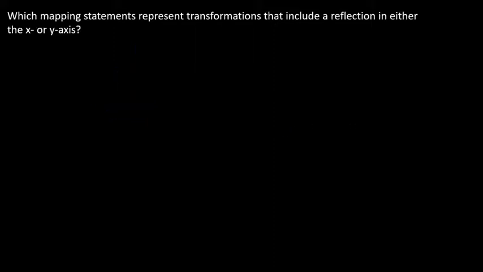The next question asks us, which mapping statement represents transformations that include a reflection in either the x or y axis? So in order to know this, we need to know what the mapping statement of a reflection looks like.